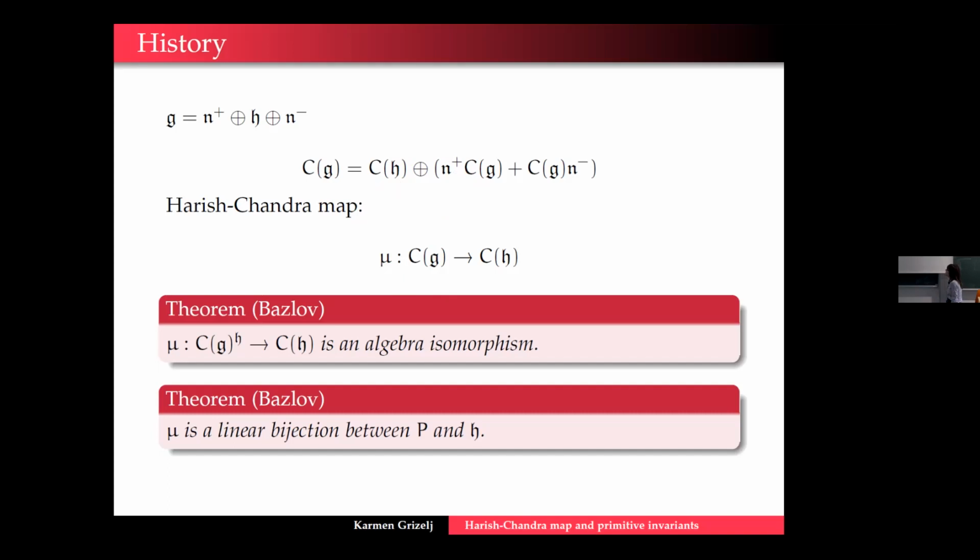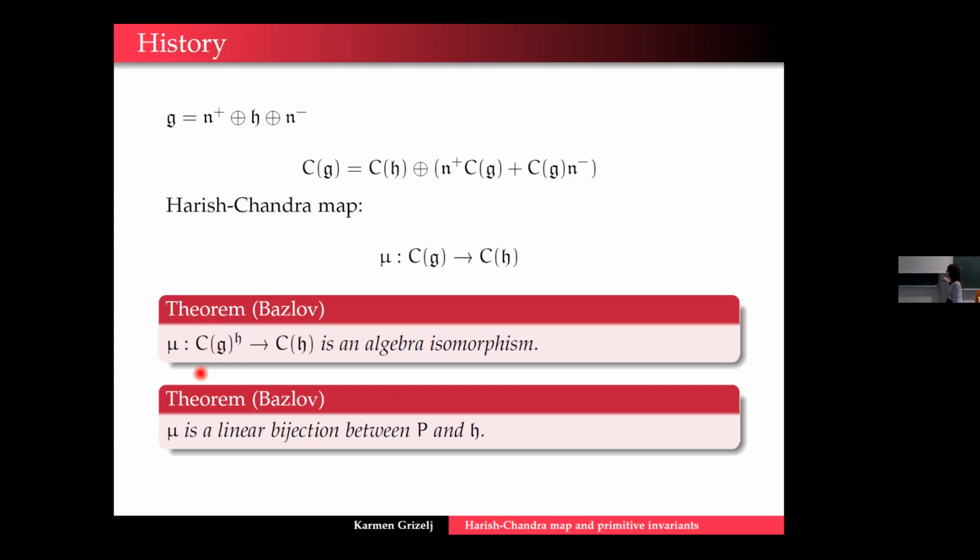But if we decide to restrict it a bit, if we decide to consider only some invariants, we get not only a homomorphism, we get an algebra isomorphism, as the next theorem states. So once we restrict the domain to h invariants, we get an isomorphism. Not just that, but in these invariants, there are also primitive invariants.